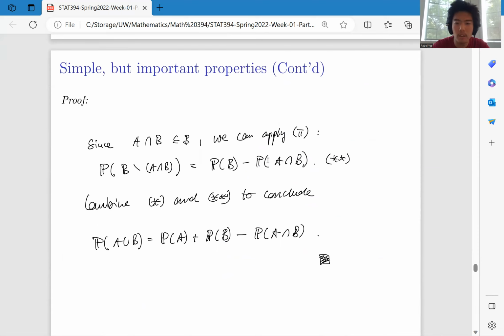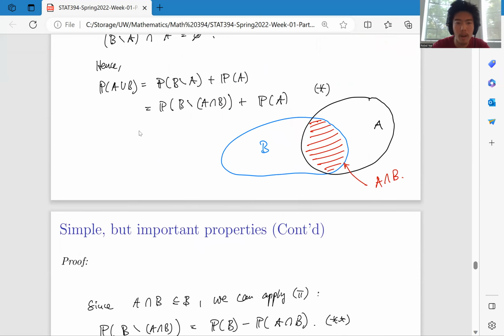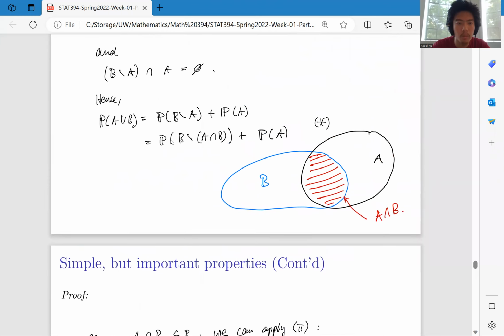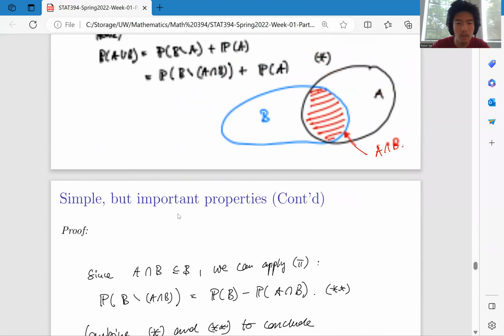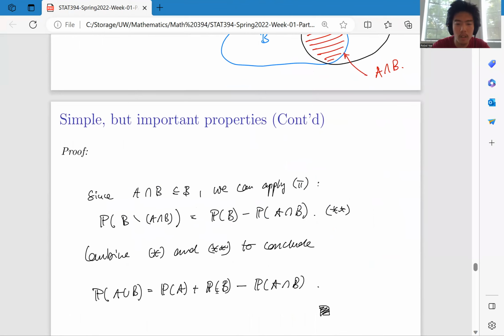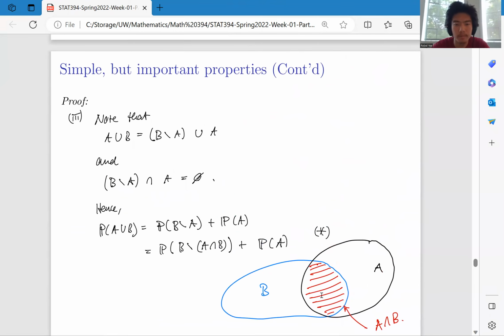And we combine these two equations together, we get P(A union with B) is equal to P(A) plus P(B) minus P(A intersection with B). And from now on, we have done the proof of all the properties here.